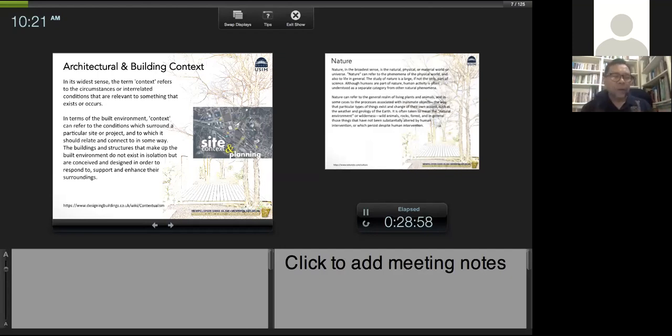In one of your site analyses, one of the groups was able to identify the building orientation, the face of the building. So this is the importance of building context.